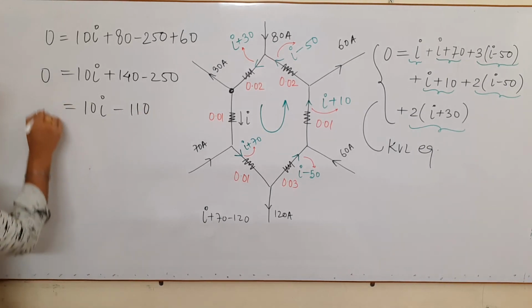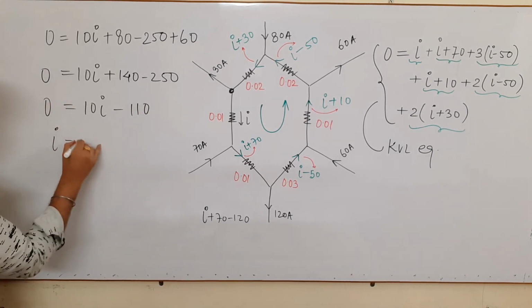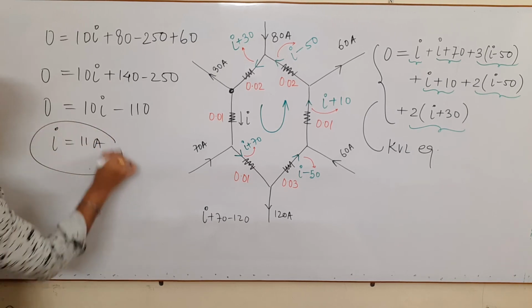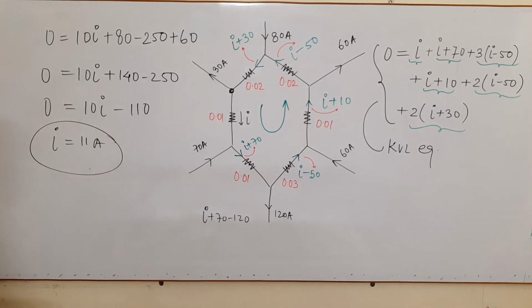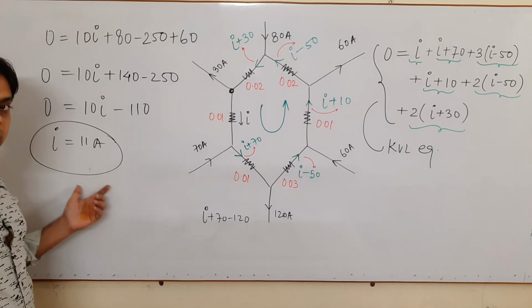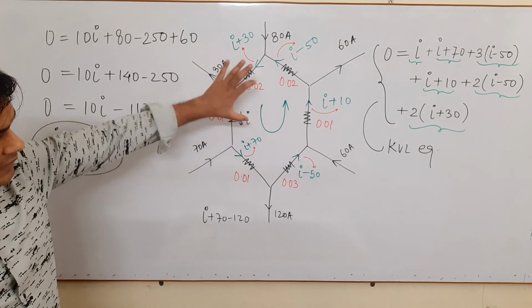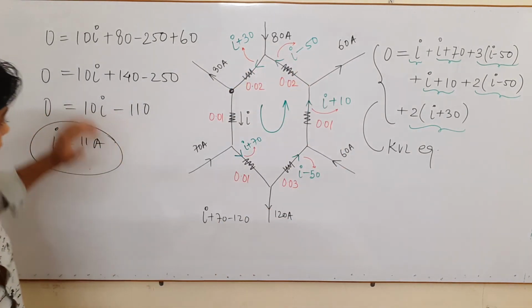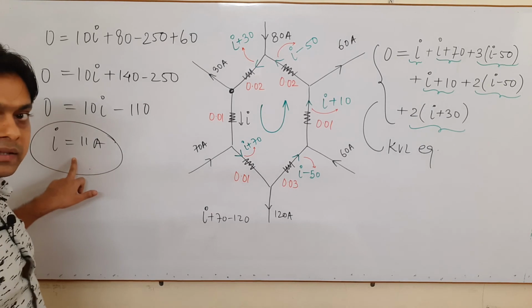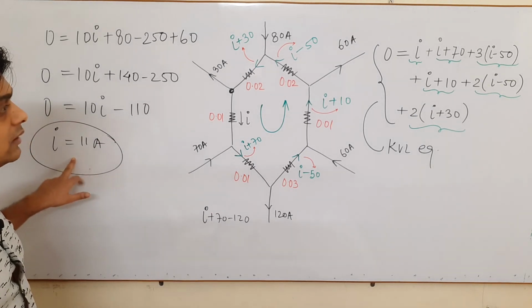Yes, so I is equal to 11 ampere. Very important. So I think most of you understand how we have solved this complex network in the easiest way, and we have found the value of I, that is 11 ampere.